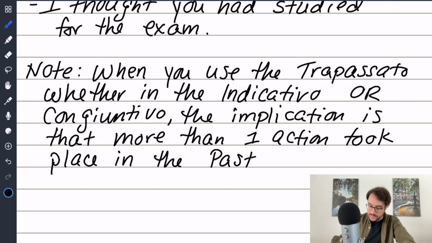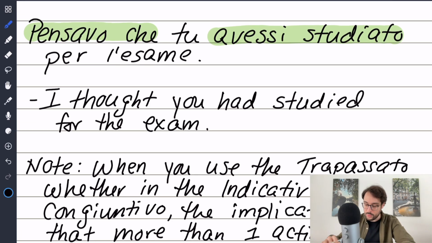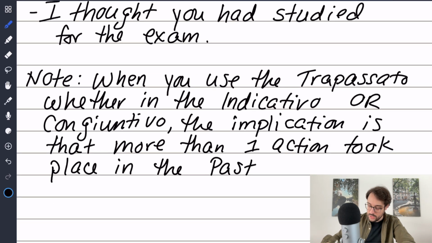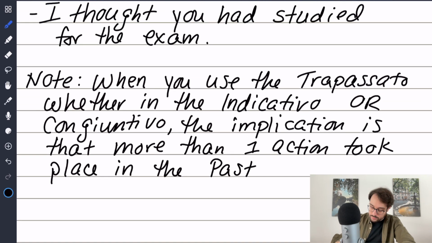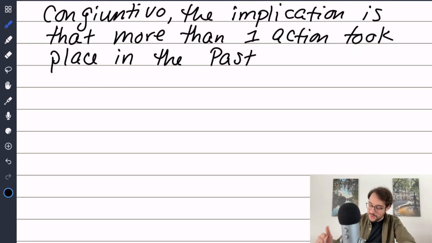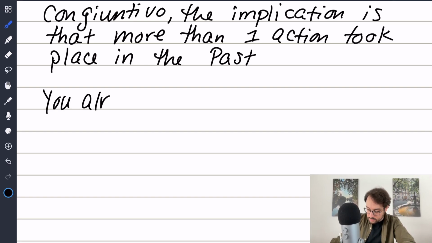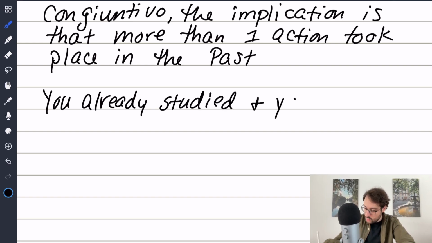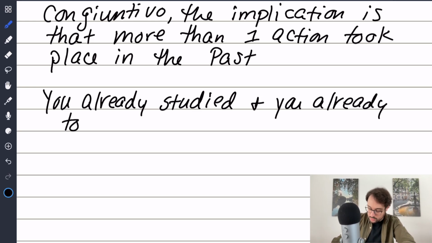So in this context, what we were talking about here, pensavo che tu avessi studiato per l'esame, what we think there is, you already studied and you already took the exam.